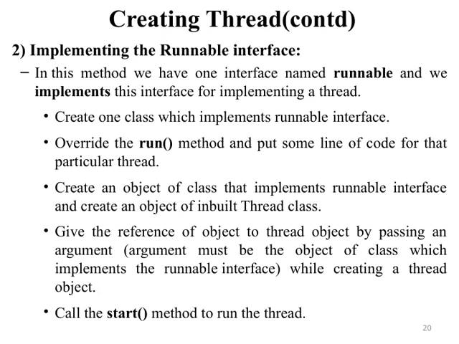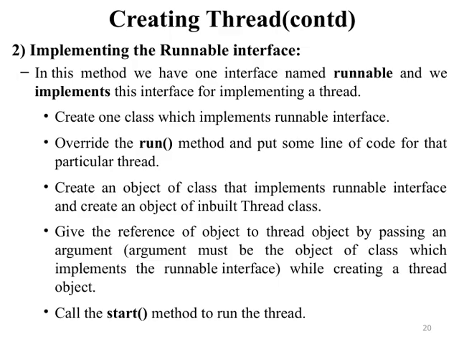Next, you need to create an object of that class, the one that implements Runnable. After that, you also create an object of the built-in Thread class. Here's the key step. You pass your Runnable object as an argument to the Thread constructor. This way, the thread knows what task to run. Finally, to start the thread, you call the start method on your thread object.